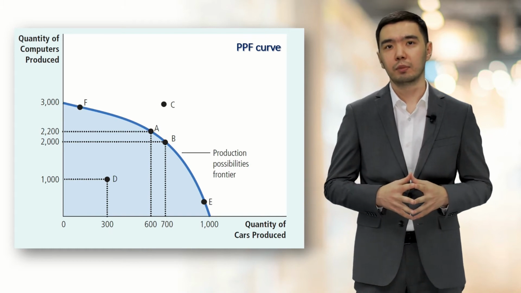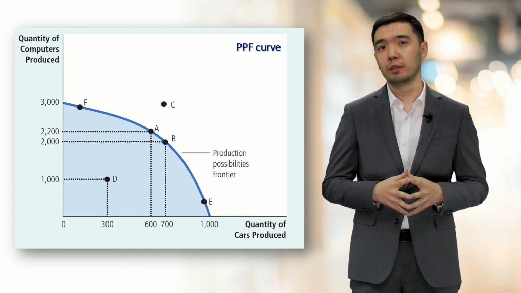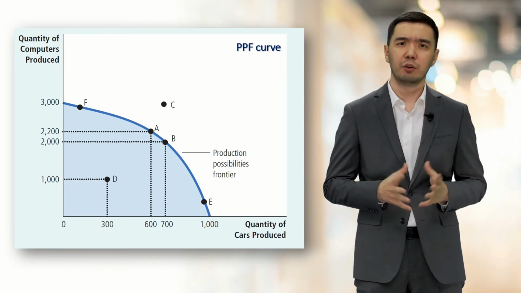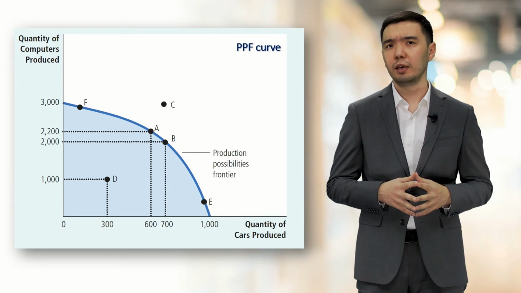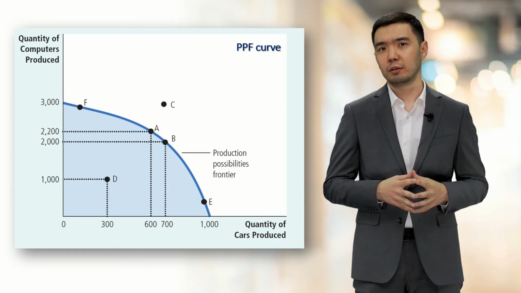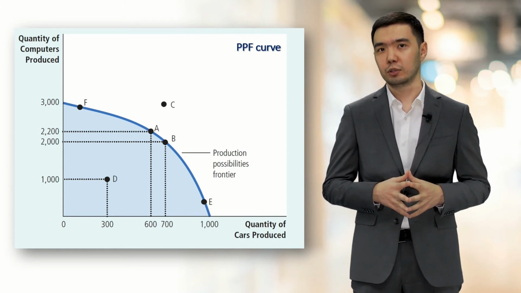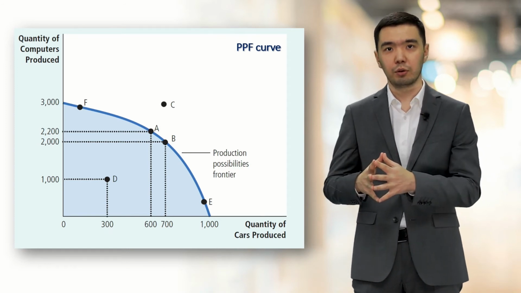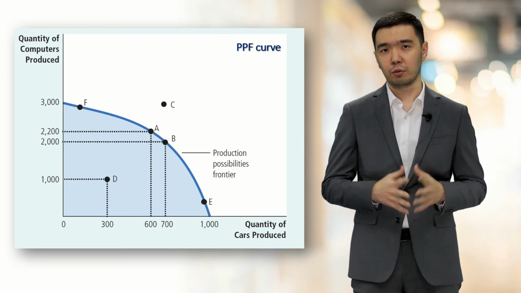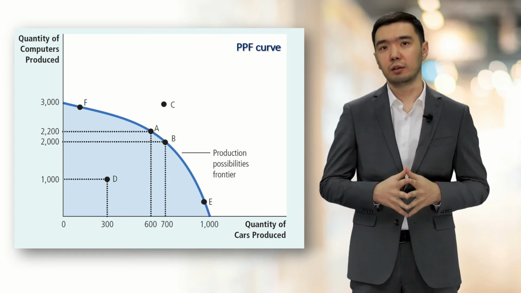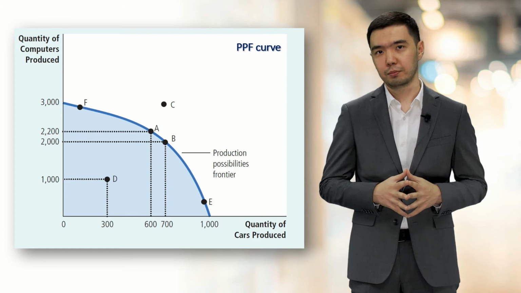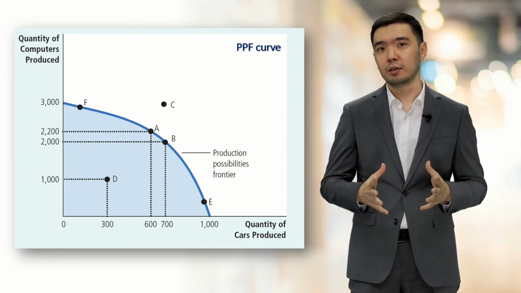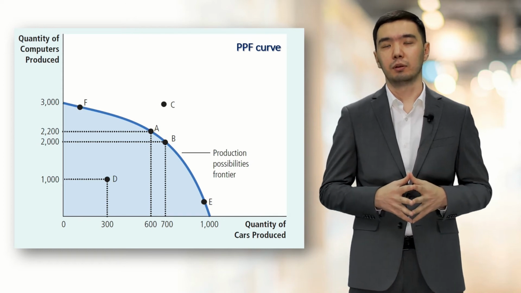More likely, the economy divides its resources between the two industries, producing some cars and some computers. For example, at point E, it can produce 600 cars and 2,200 computers. Or by moving some of the factors of production to the car industry from computers, the economy can produce 700 cars and 2,000 computers, represented by point B. Because resources are scarce, not every outcome is feasible or possible.